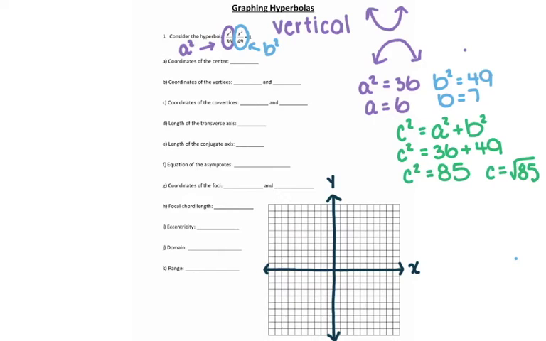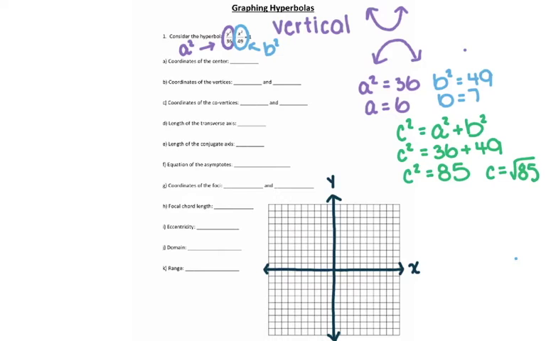So before you start graphing, you really should look at your A and your B and your C and see how much room you're going to need. But in this case, you can just center them.